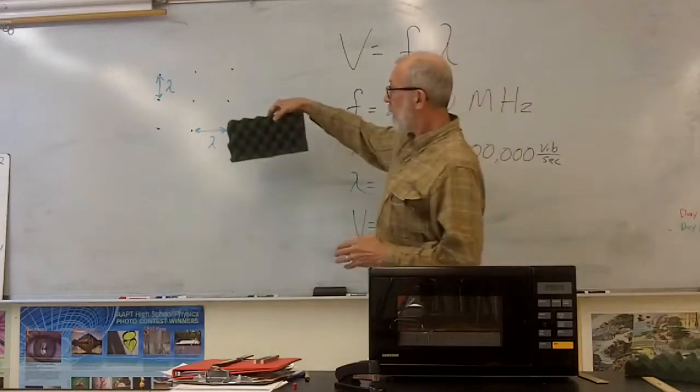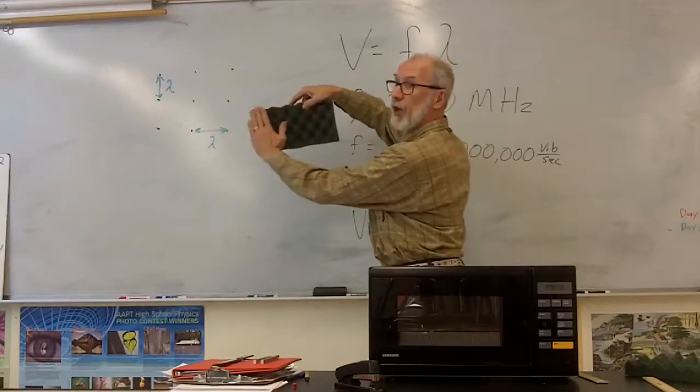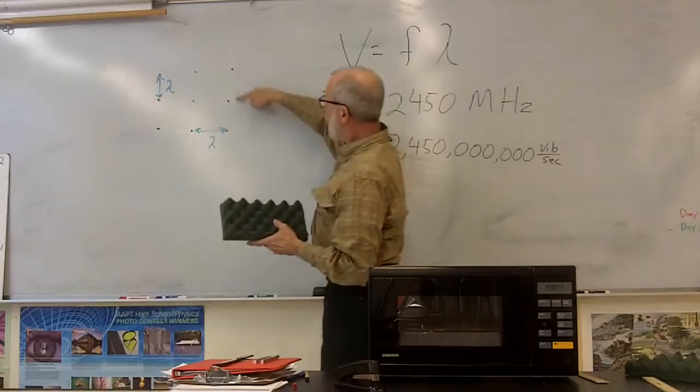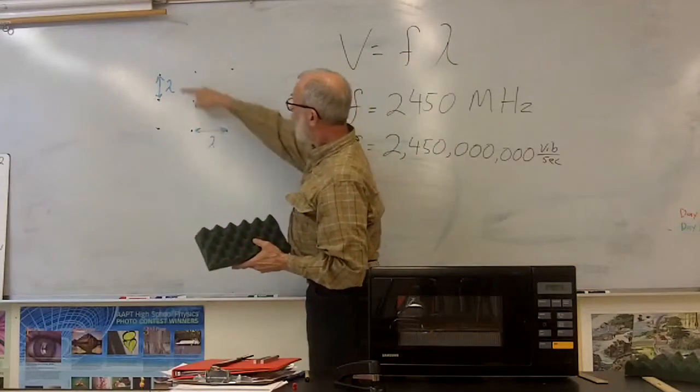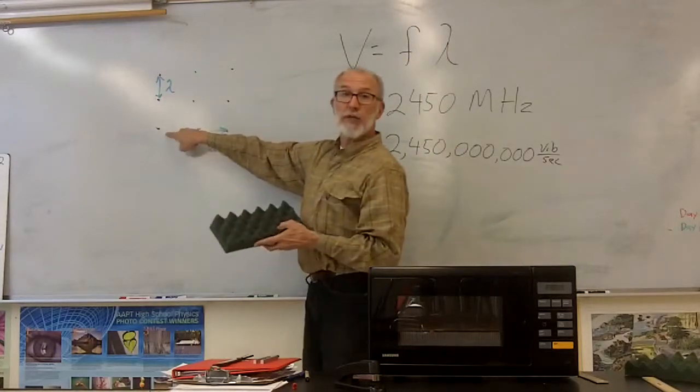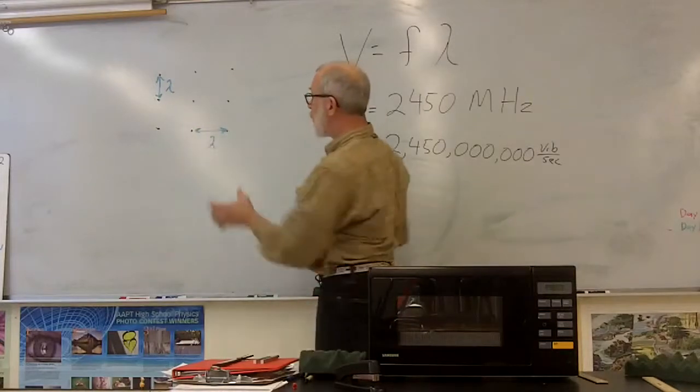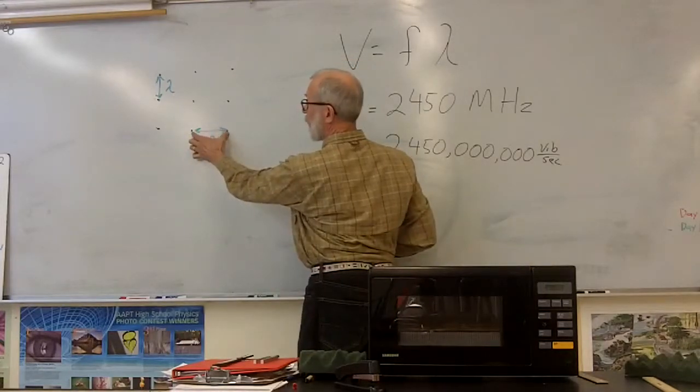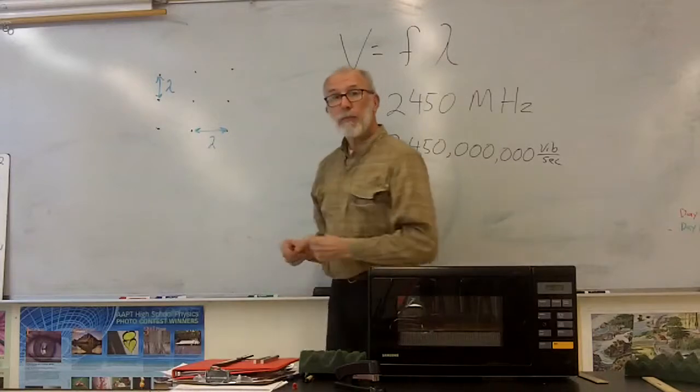So if you look just at the very hot spots, you end up with a pattern of dots of hot spots, and the distance between the hot spots is one wavelength.